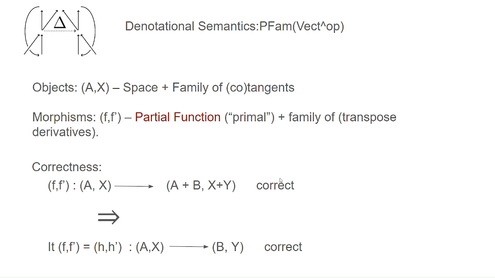And now the correctness is basically saying that, starting with a pair with a function and the family of derivatives in this category, we have this natural notion of iteration in this category and can apply it, and the resulting thing is a correct pair as long as the starting thing is a correct pair. By correct pair I mean a function paired with its derivatives.